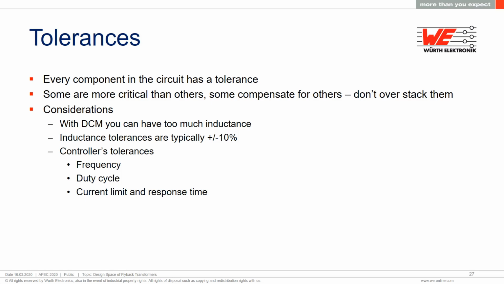Inductor tolerances are variable. They can be plus or minus 10%, usually for transformers. Straight inductors typically have wider tolerances, so you have to be careful to make sure that you specify what you need. The controller is going to have tolerances for things like frequency, duty cycle, and current limits. It's always a good idea to have a bit of play in the duty cycle, so you don't want to run up to 50% if that's your max.